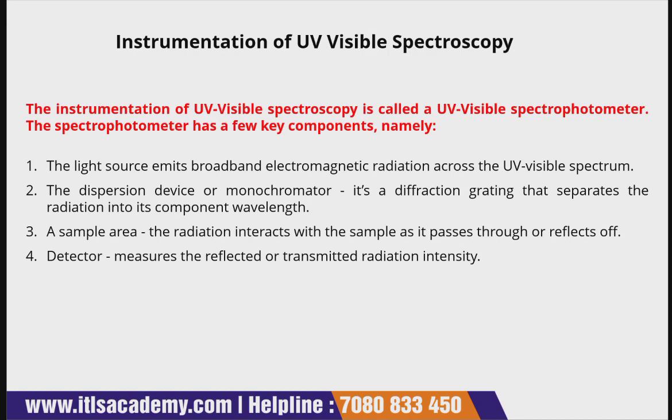So what is the use of the light source? The purpose of the light source is to emit broadband electromagnetic radiation across the UV visible spectrum. Now the dispersion device, or monochromator, is a diffraction grating that separates the radiation into its component wavelengths.